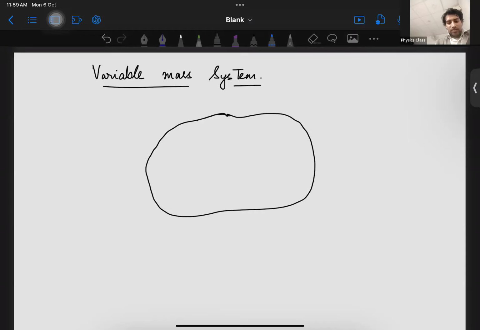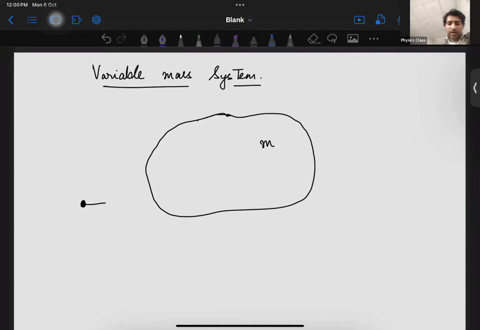And over here there is one particle. Let's say that this mass is equal to m.